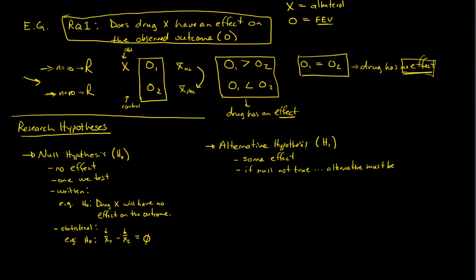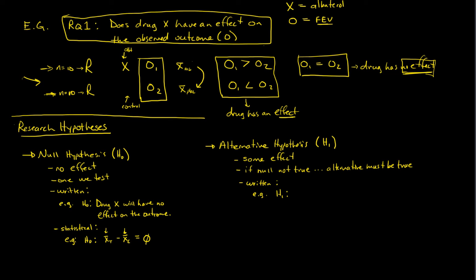Right? Remember, they're binary. Can't be simultaneously true. You can't have no effect and some effect at the same time. Again, this can take the written form, and the written form would look like this, H sub 1.